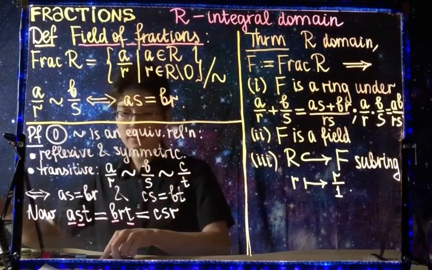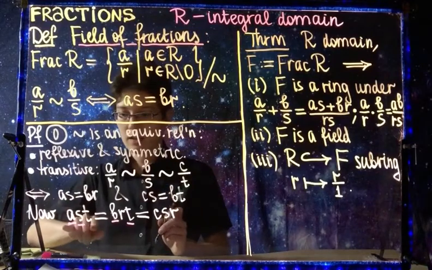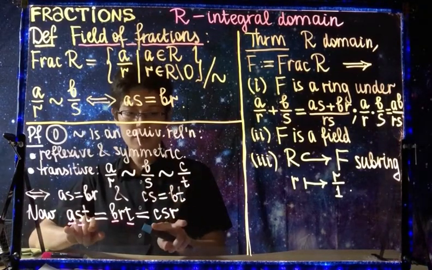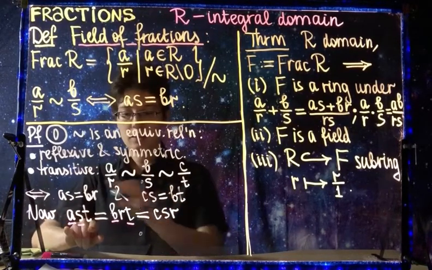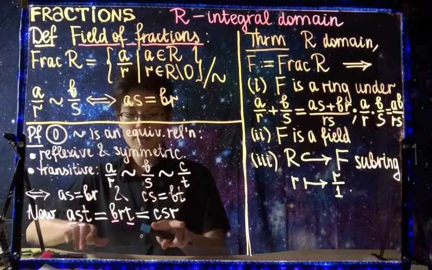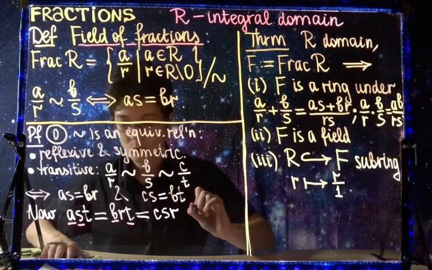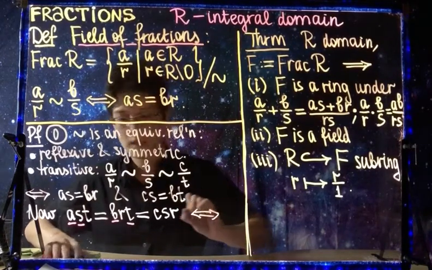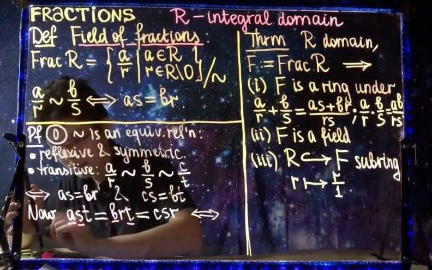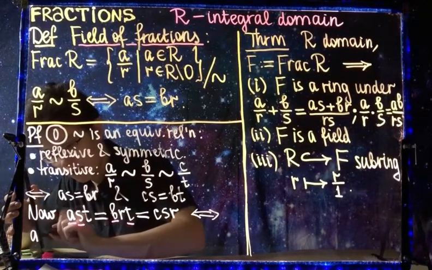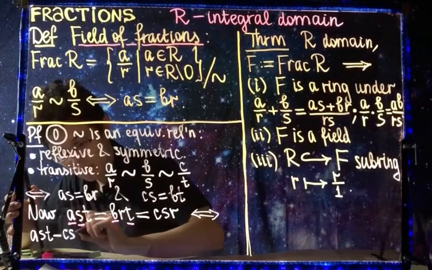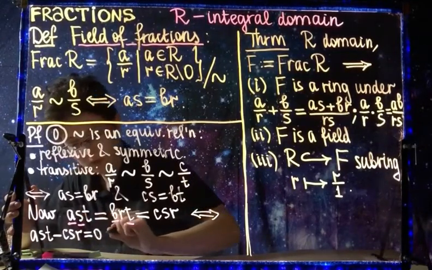And now let's take AST and CSR and consider it and move CSR to the left. So this equality is the same as saying that AST minus CSR is equal to 0.